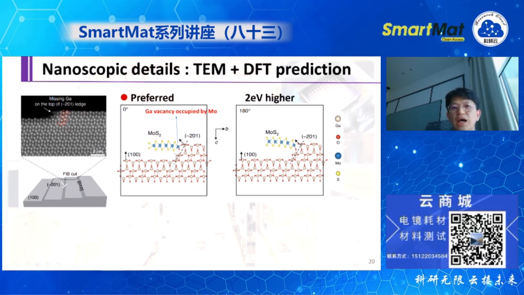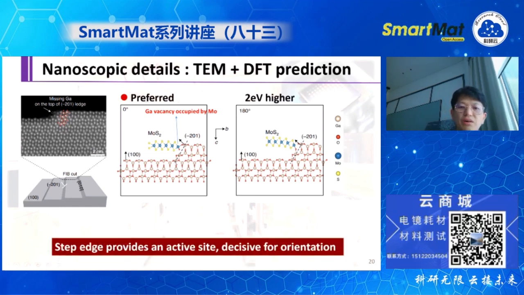So basically, what this story tells us is that the orientation of the MoS2 or the 2D material is probably controlled by the initial reaction chemistry. Okay, so the very simple conclusion is that the step edge provides an active site, which is decisive for orientation control.